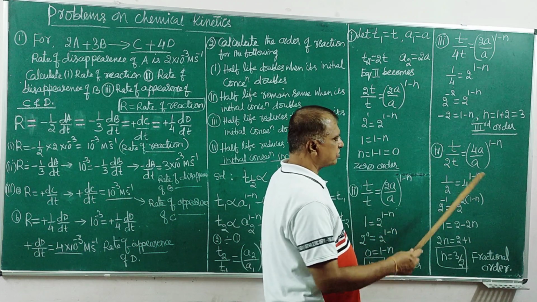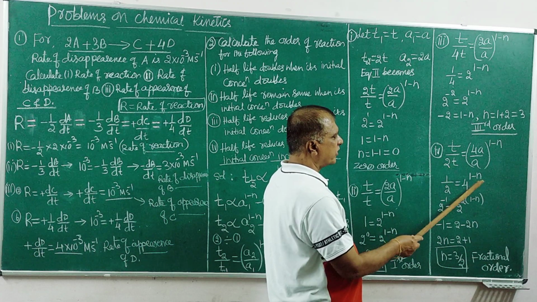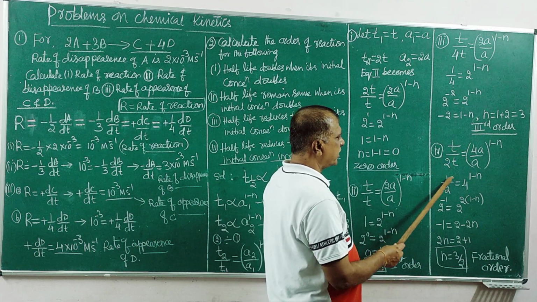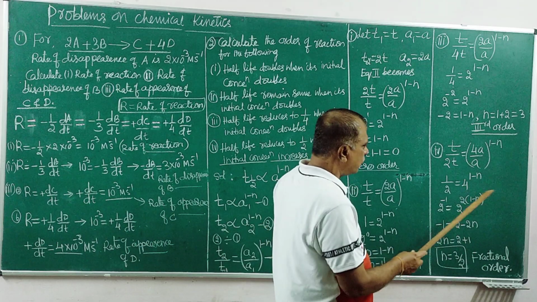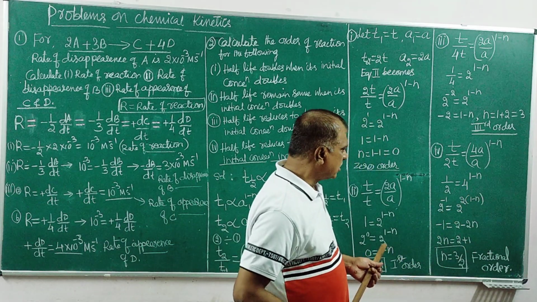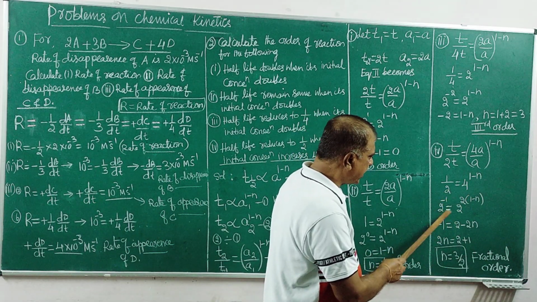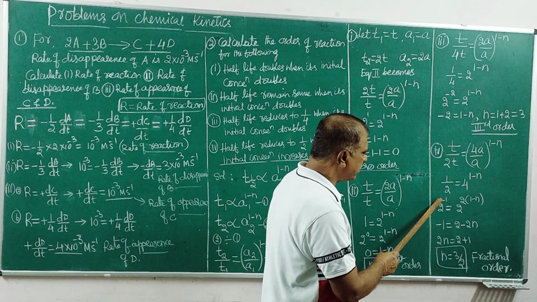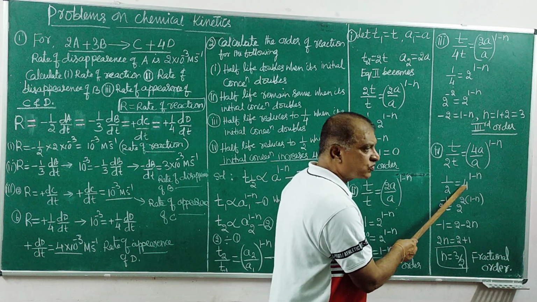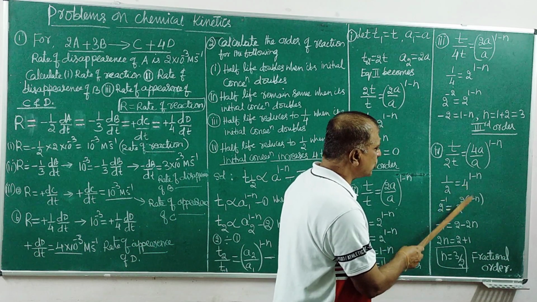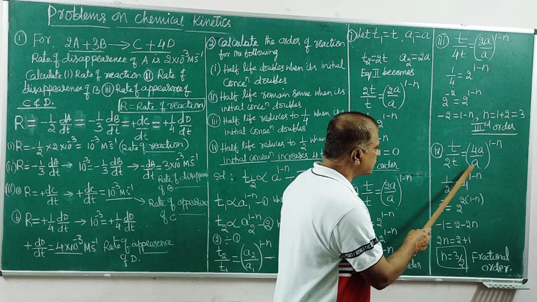The same expression. Look for n. It is 1 by 2 equals 4 to the power of 1 minus n. Here 2 in the denominator, take it to the numerator, 2 to the power of minus 1, and we have to express 4 as 2 to the power of 2.